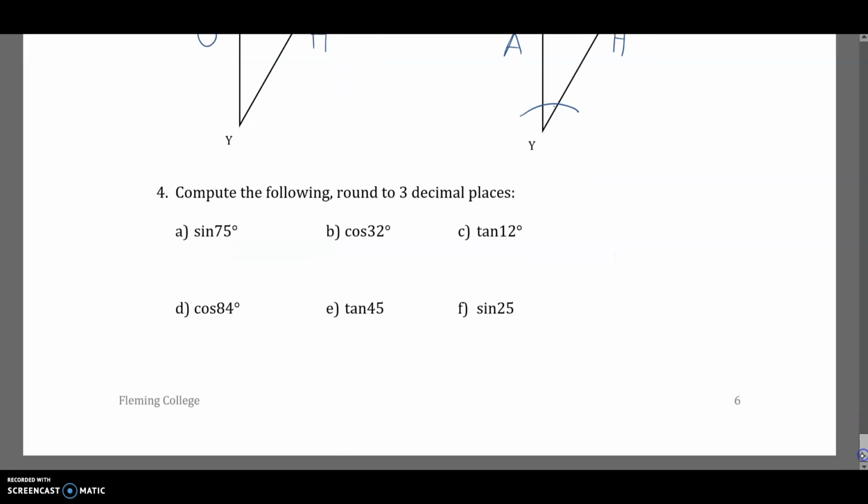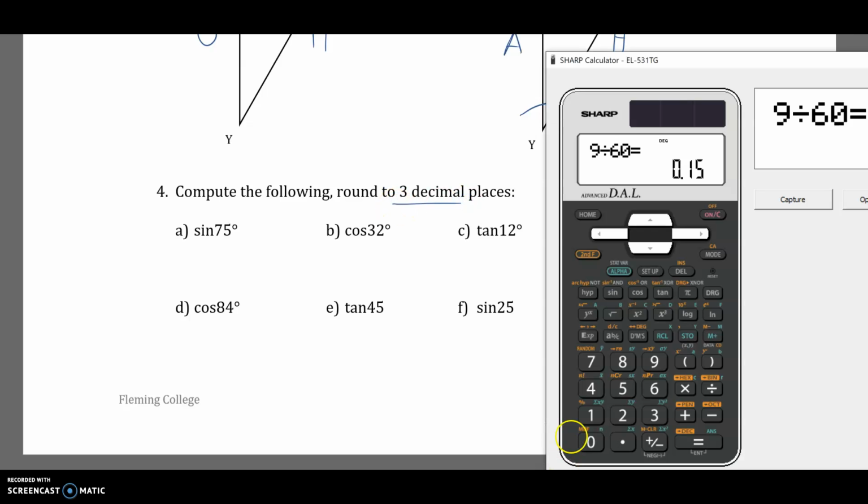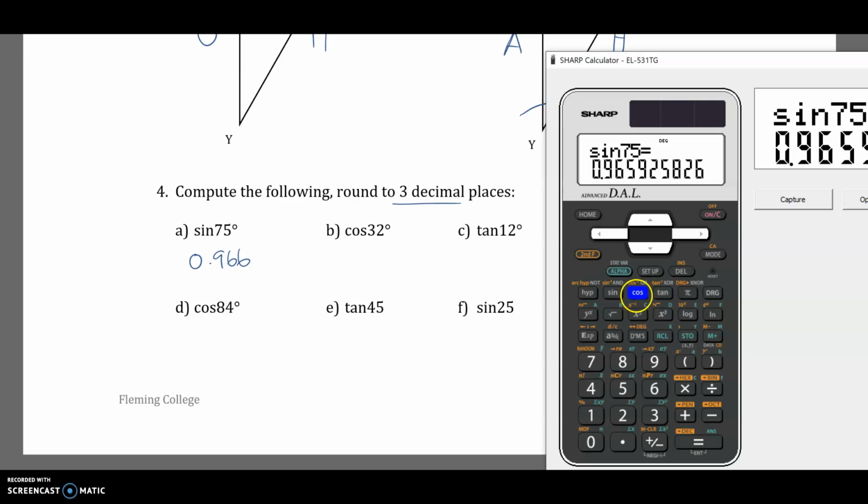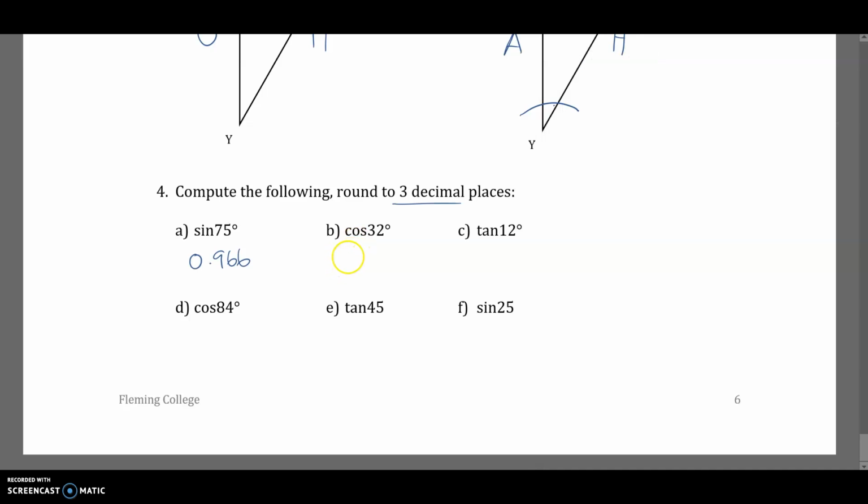And finally, you had some calculator practice, rounding these to 3 decimal places. So if I want sine 75, 0.966. Keep working through the same practice with your calculator. So cos 32 is 0.8480 or 0.848.